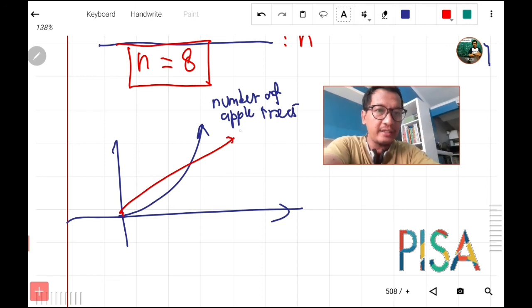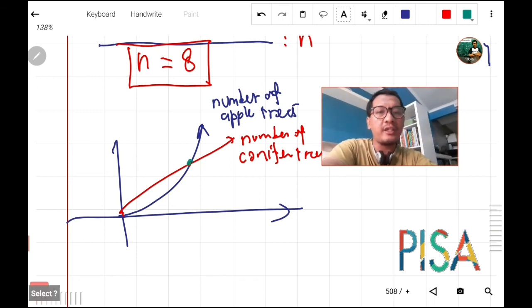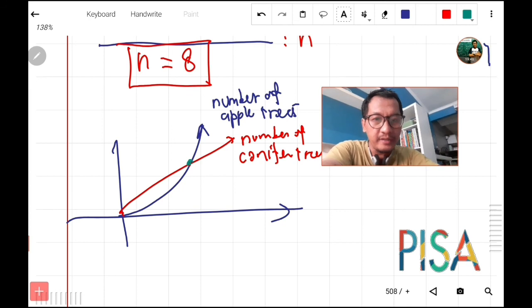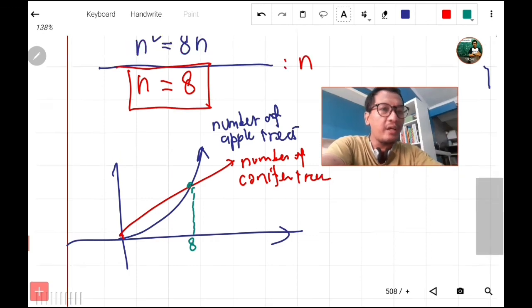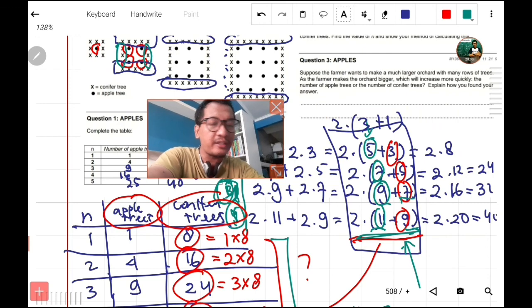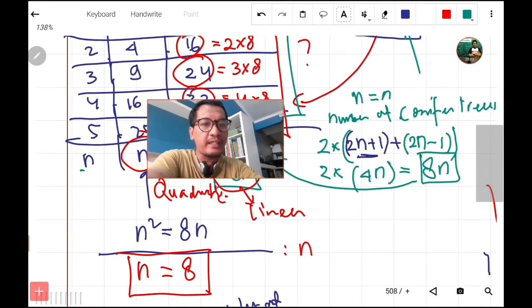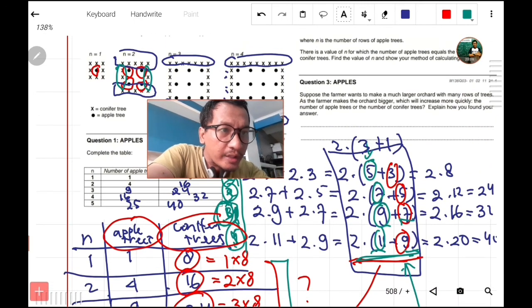This is the number of conifer trees, and this is the intersection between the two graphs. This happens when n is equal 8, right? So when the farmer wants to make a much larger orchard, we can guess that the number of apple trees increases more quickly.